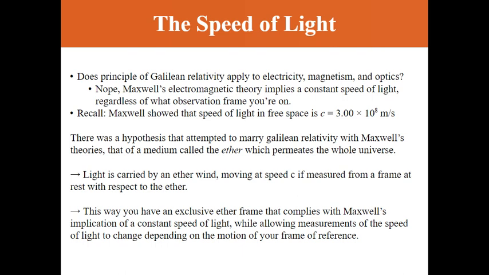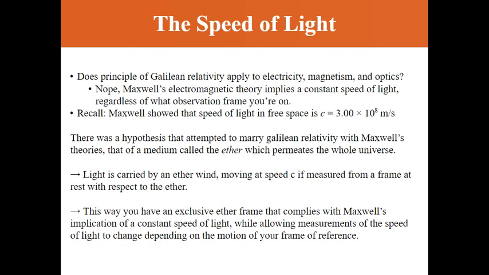The whole universe is covered in this ether that carries light by some kind of ether wind. And in that ether, light does in fact move at the speed of c if you were measuring it from a frame at rest with respect to the ether.